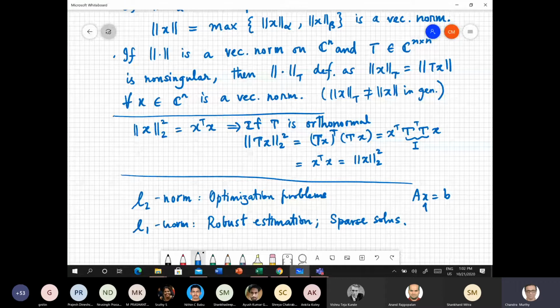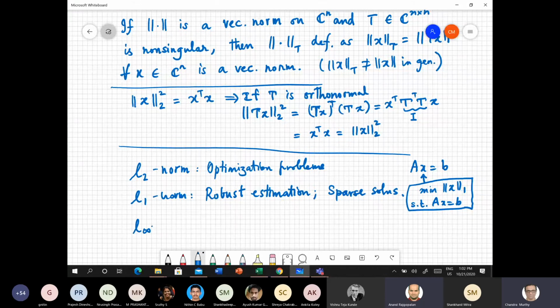You want to find the solution which has the maximum number of zeros in x. And for such things, minimizing the L1 norm of x such that Ax equals b, this optimization problem will lead to sparse solutions for x. L infinity norm is useful when you care about element by element convergence or properties.